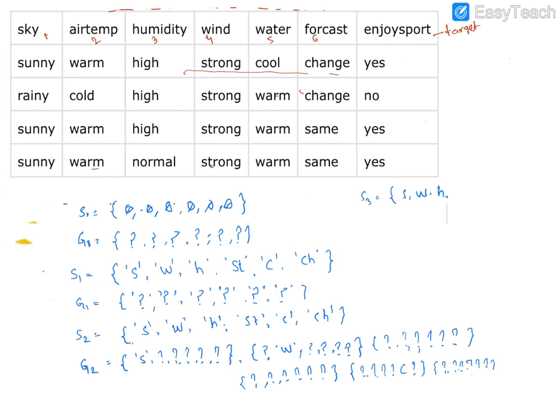Next, strong as it is. Here it is warm. Initially it was cool. So we have to generalize that. Question mark. And then next, change. Here it is the same, change. So question mark.